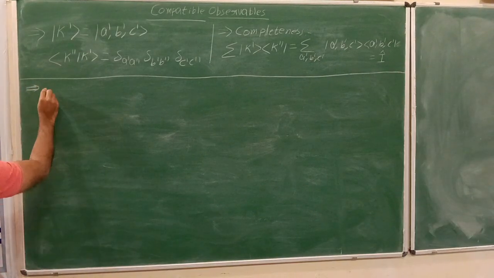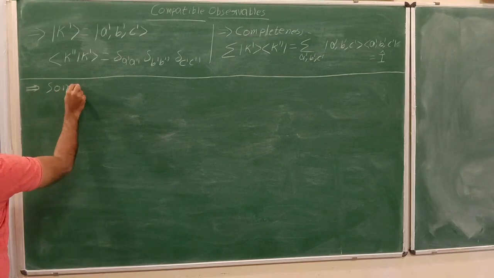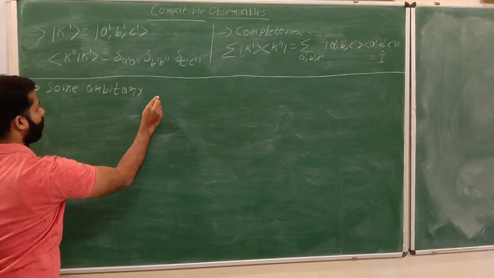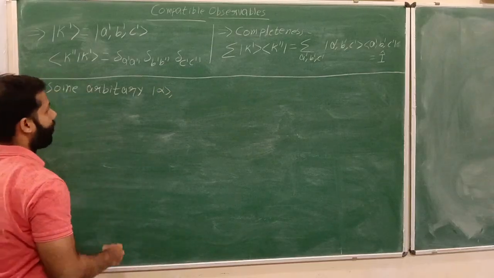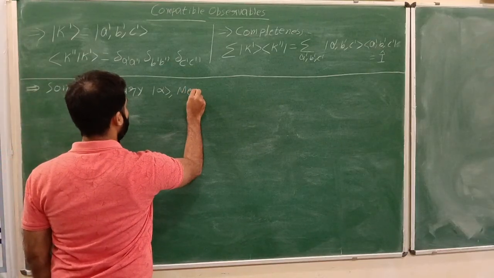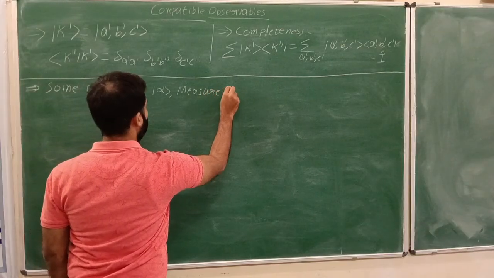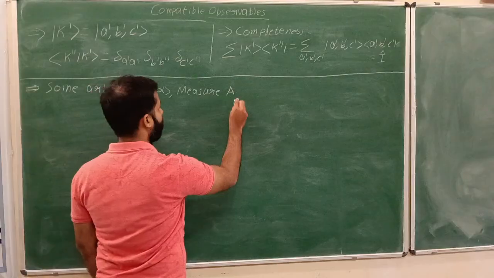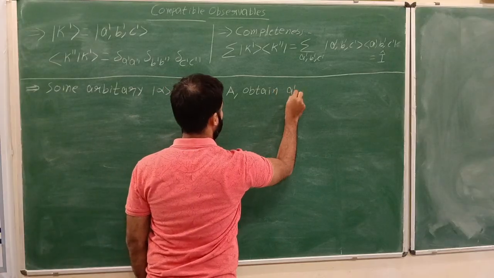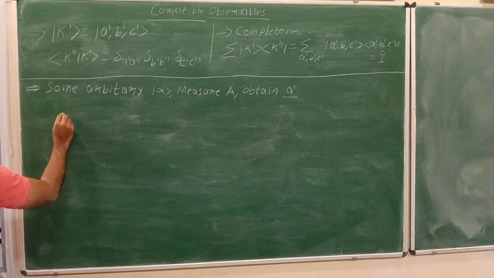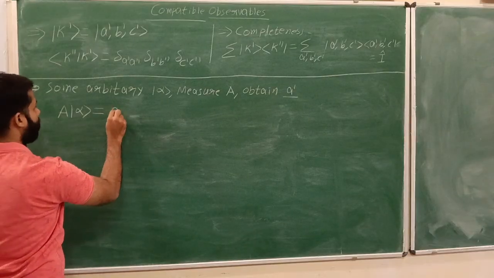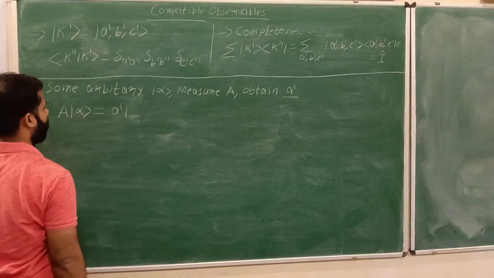Suppose we have some arbitrary state alpha, and we make a measurement of A and obtain some value. A on alpha gives me the A prime state.